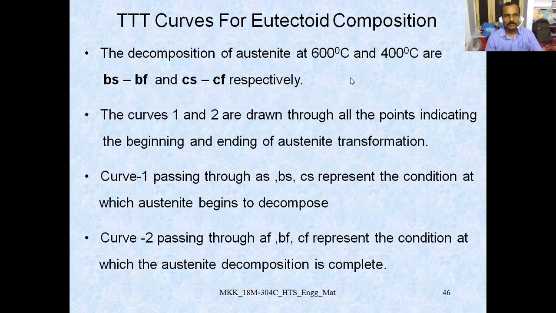The curves 1 and 2 are drawn through all the points indicating the beginning and ending of austenitic transformation. Curve 1 represents austenite beginning to decompose. Curve 2 decides the austenite decomposition is completed.